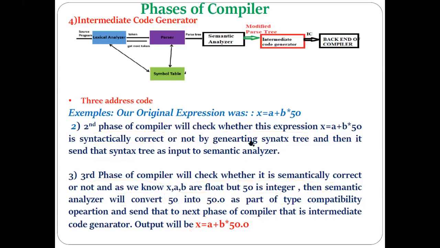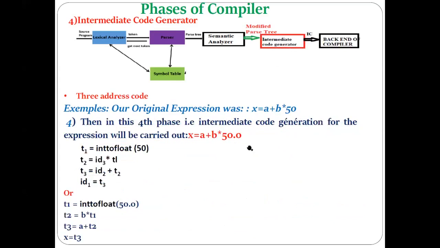Now what happens in the fourth phase of the compiler, the intermediate code generation, that we have to discuss. Here in the fourth phase, we will see how the intermediate code will be generated for this expression. Okay, this is the intermediate code generated for this expression.